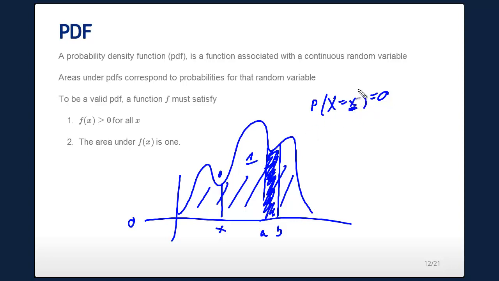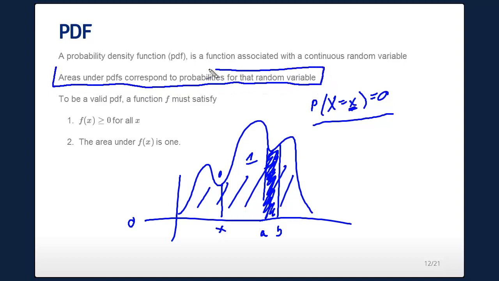It's an infinite decimal expansion at that point, and then it makes sense that it would not take on a probability value for a specific value, because we don't ever record things with infinite precision. So it's okay for that property to be true. So anyway, the central rule of probability density functions, the most famous being the Gaussian, the bell curve, is that areas underneath it correspond to probabilities of the random variable.